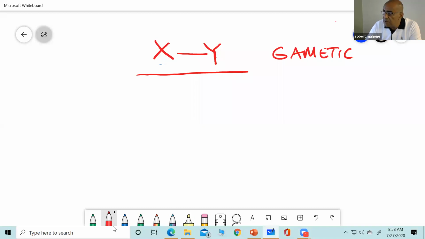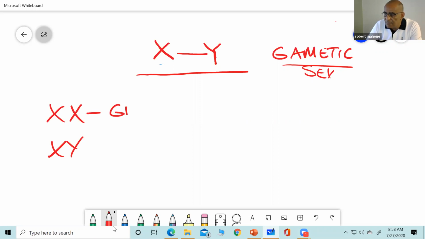These are the sex chromosomes. They determine which sex you're going to be. And they come in two combinations, XX or XY. XX are girls and XY are boys.